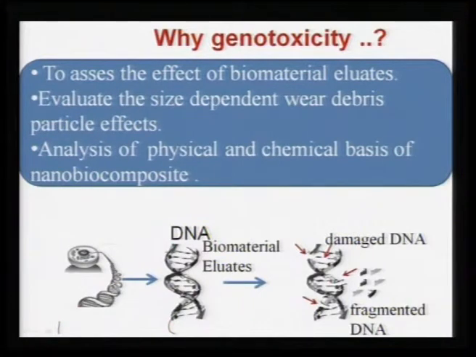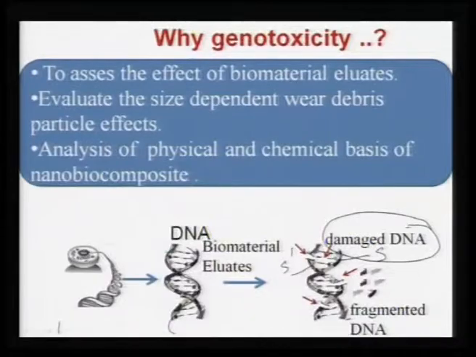In the DNA there is a strand S and a strand S prime. S and S prime will not be intact, they will be broken, and therefore it is causing damage to the DNA, and once it is damaged, DNA to RNA, RNA to protein synthesis cannot take place. So, this is known as the damaged DNA or fragmented DNA.